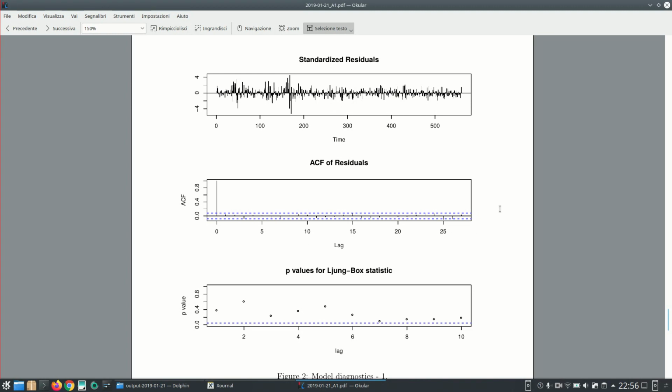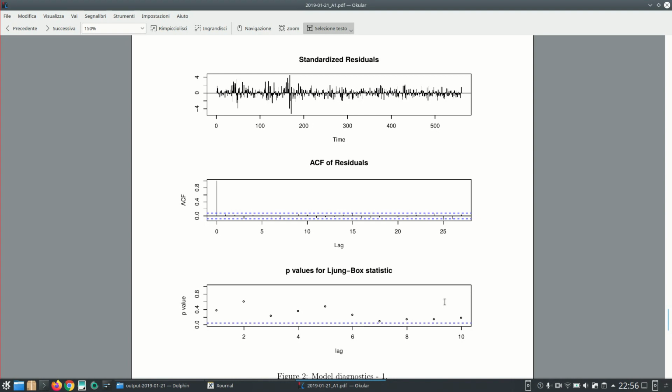The estimated autocorrelation function is quite satisfactory, actually, as can be noticed by the correlogram in the second plot or by the p-values of the Ljung-Box statistic. So this model fitting is not completely bad.